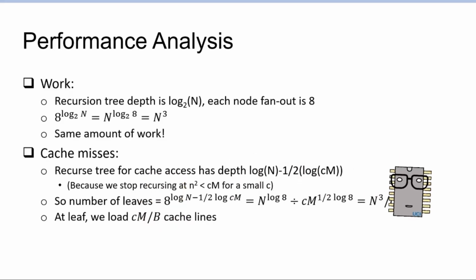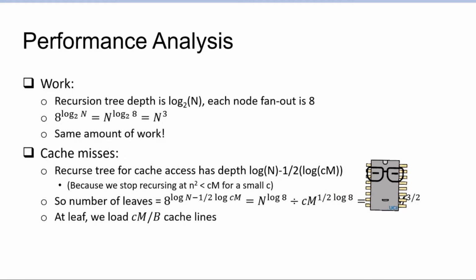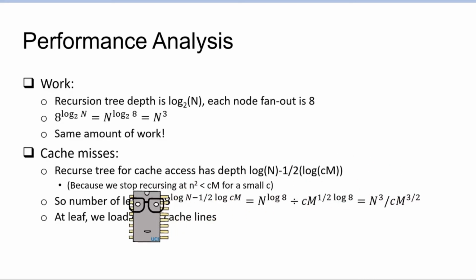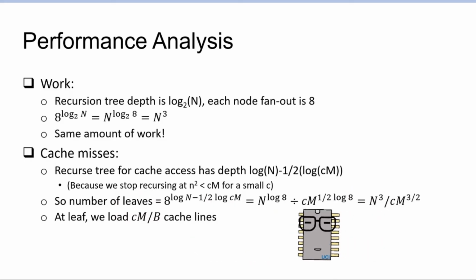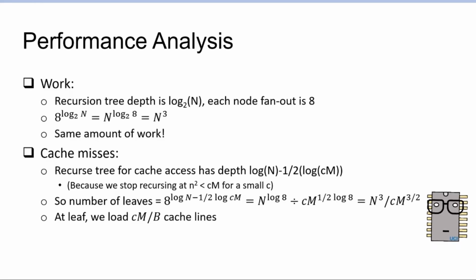So in terms of cache misses, we're not going to recurse all the way to log 2 of n. We're going to stop somewhere where the matrix size becomes small enough to fit in the smallest cache. So the number of leaves in this recursion tree becomes 8 to the power of log n, subtracted by the same thing, which turns into, after normal high school math, this.